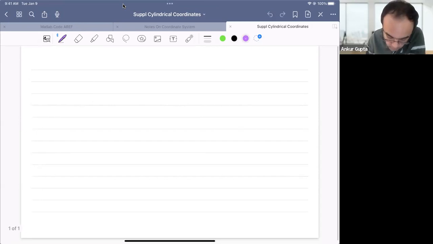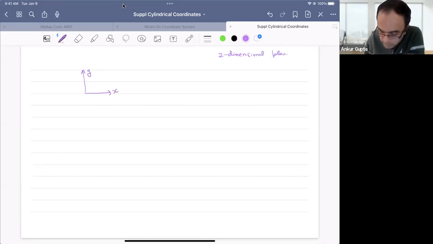All right. So what is a cylindrical coordinate system? Think of a two-dimensional plane, an XY plane, like a sheet.